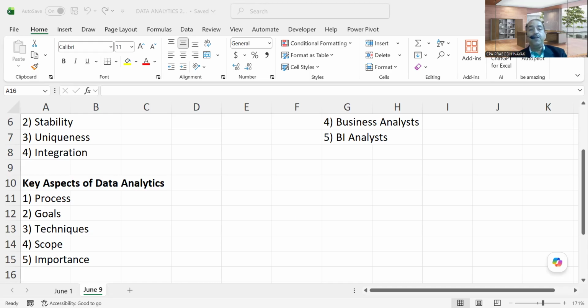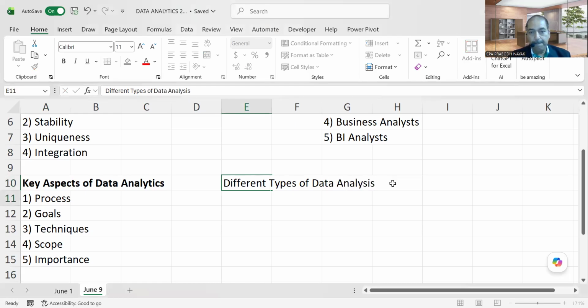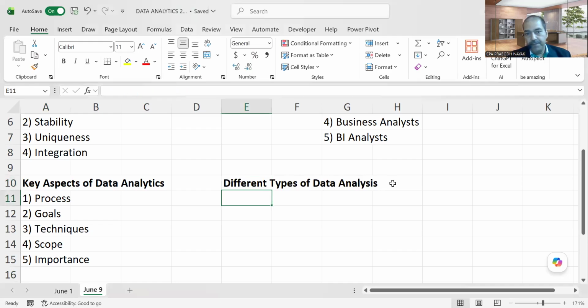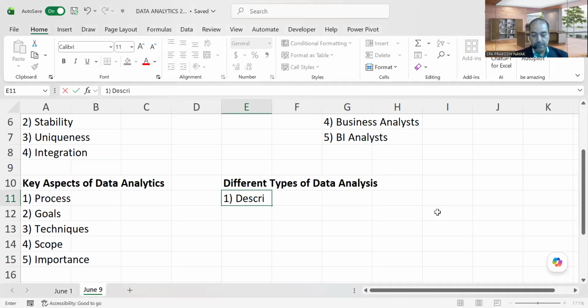Now let us try to see the different types of data analysis. So the next thing that we are going to touch upon is different types of data analysis. Here also, let us go in the order. The first is descriptive analysis. If you go in the order, there is no way that you can miss out anything.